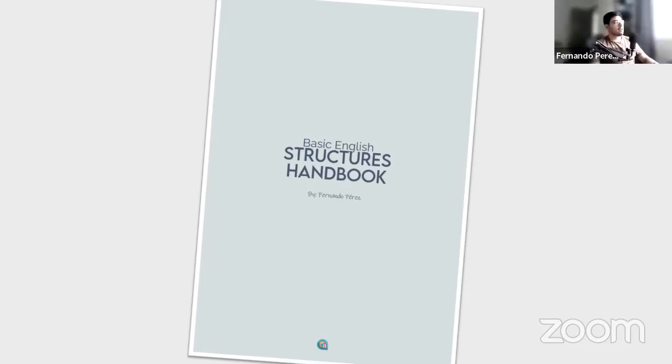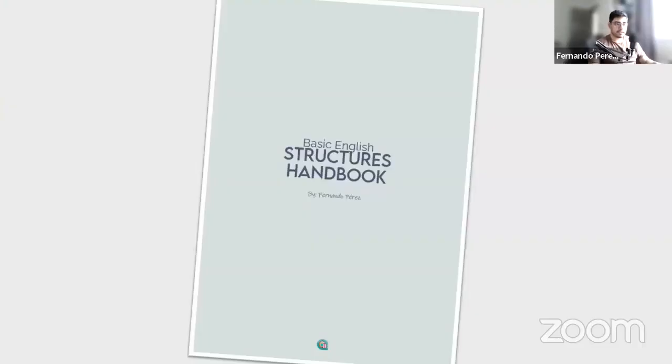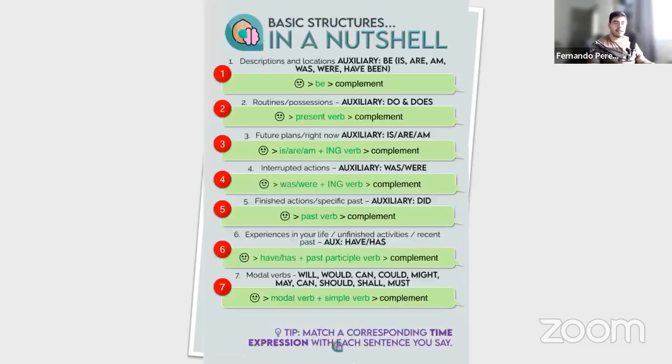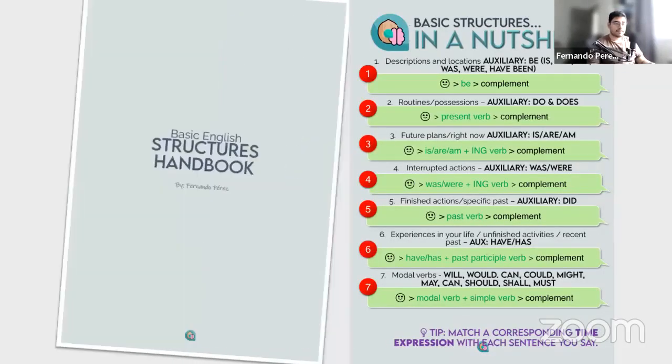This small guide that I built includes all the bento boxes that we are going to need to study. Each one of these, 1, 2, 3, 4, 5, 6, 7, these are the 7 bento boxes that we studied in previous classes.